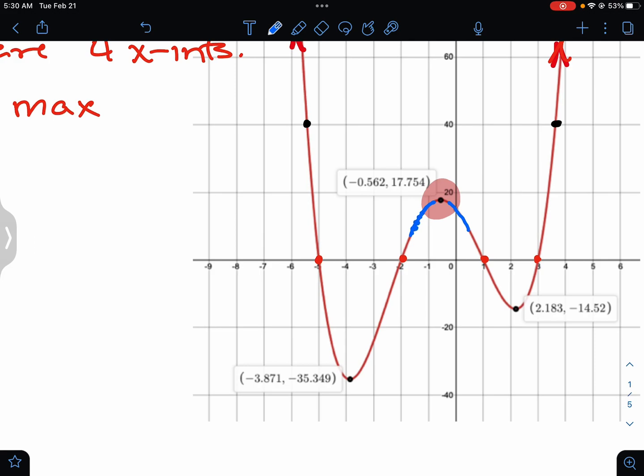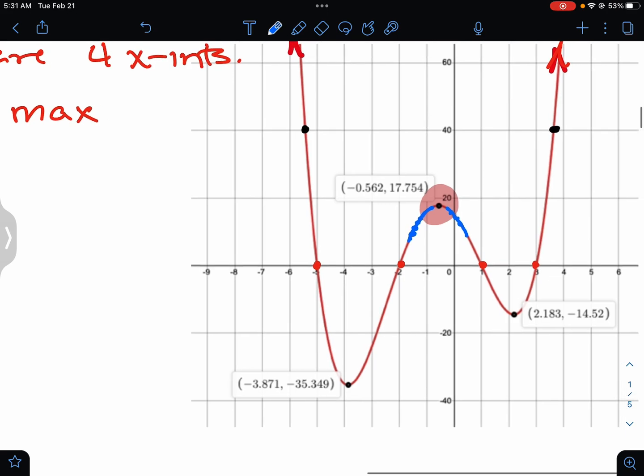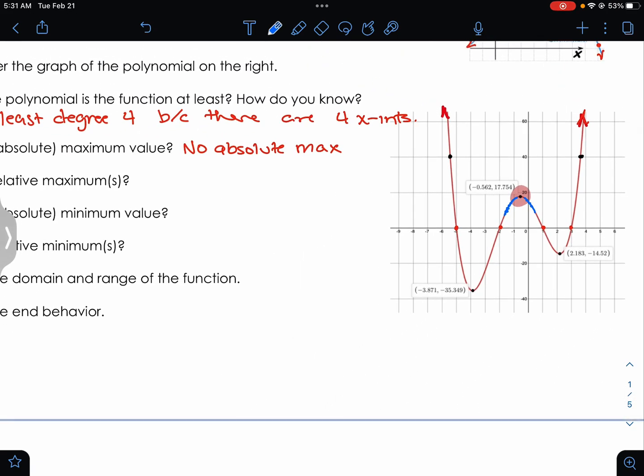So it means that it is going to have a relative maximum there. So our relative maximum would be (-0.562, 17.754). For now, we will have to use the graphs in order to find these maximums and minimums.